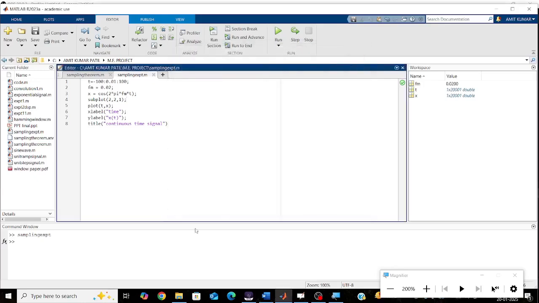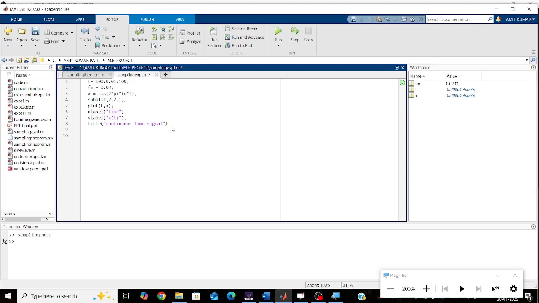Now let us come to the second part. In the second part, we will go for the next case: sampling frequency is less than twice the maximum frequency of the signal.